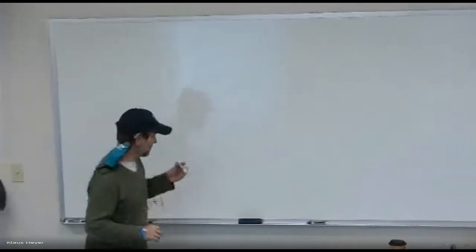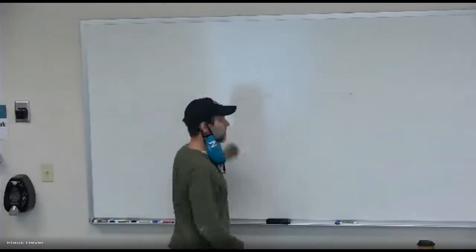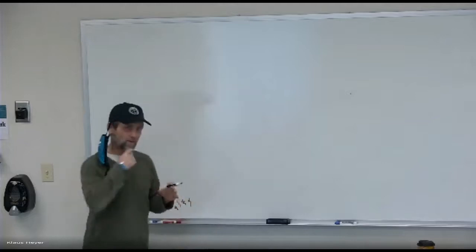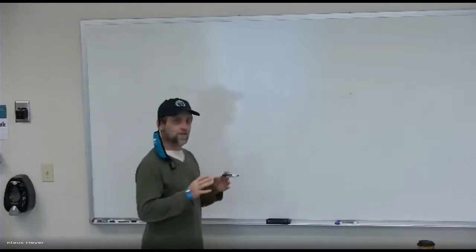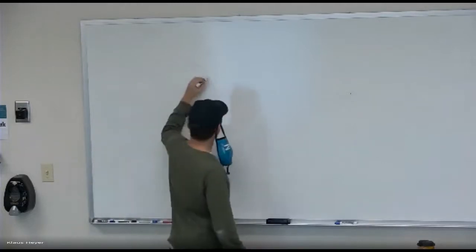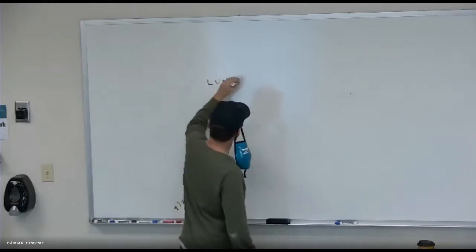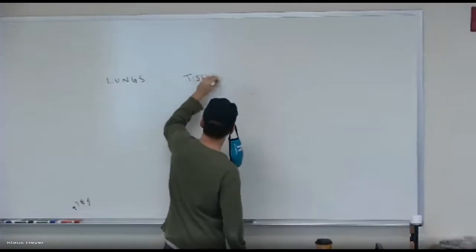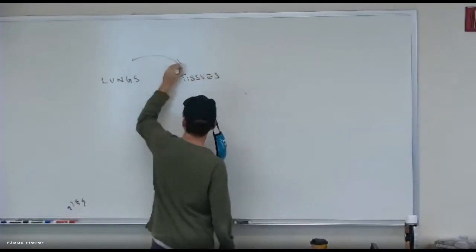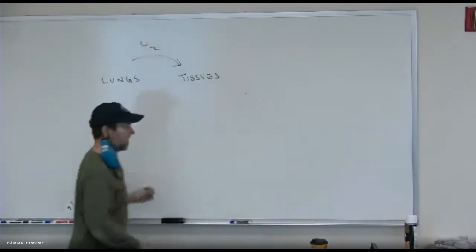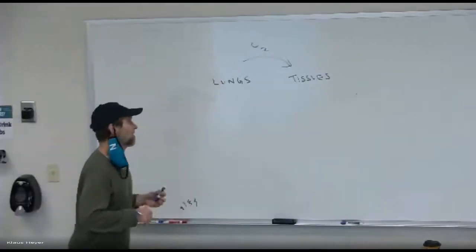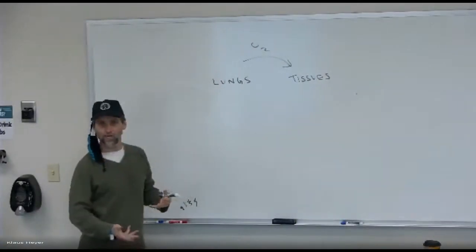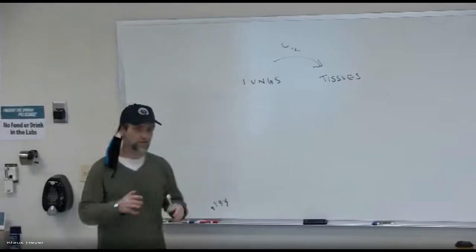So, four chambers. When you look at the heart, we have to look at the relationship between the lungs and the body's tissues. We are trying to deliver oxygen to all the tissues or cells. Tissues are just groups of cells.